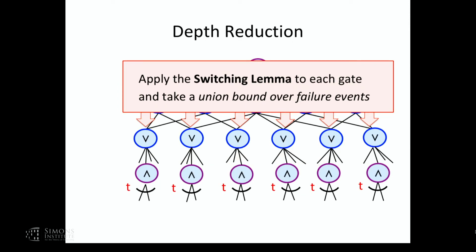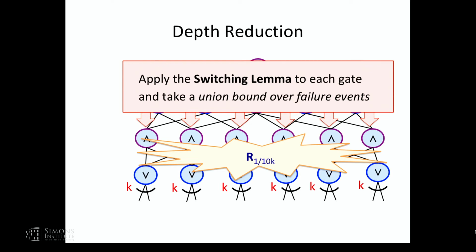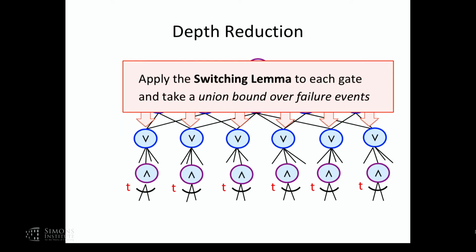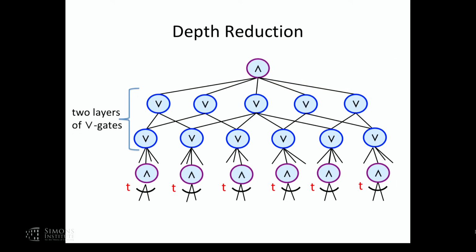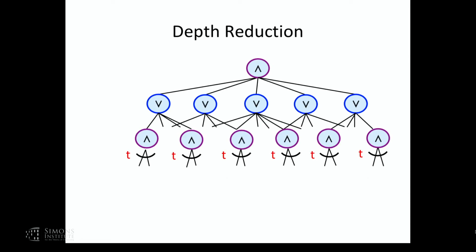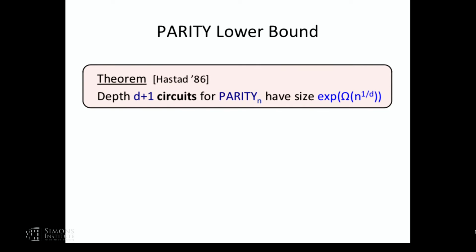What we get is that these k-CNFs switch to t-DNFs almost surely, provided t is around log of the circuit size. Now, once you've applied the switching, you have two consecutive layers of OR gates, so you can combine them into a single layer of OR gates. And so you've reduced the depth by 1, and you've gone from bottom fan-in k to bottom fan-in t, or bottom fan-in log size. Okay. So this is the way that the switching lemma was used by Hastad.